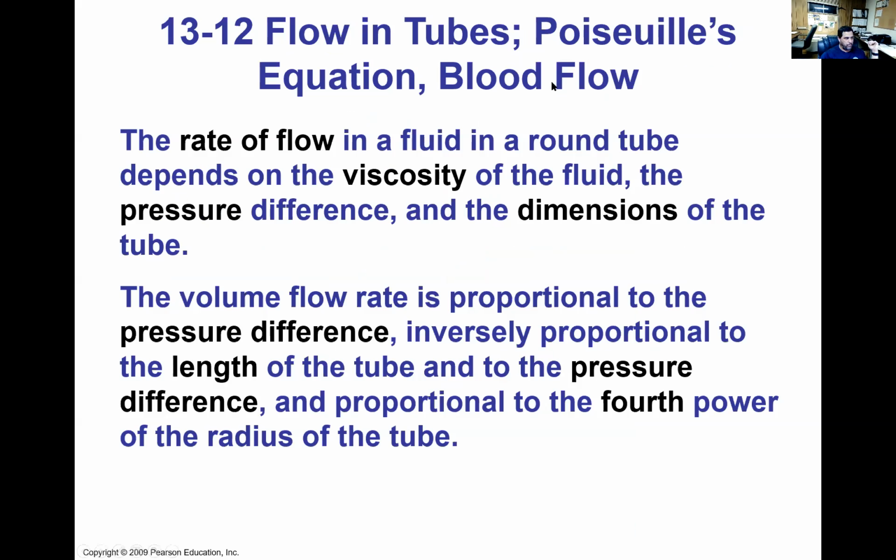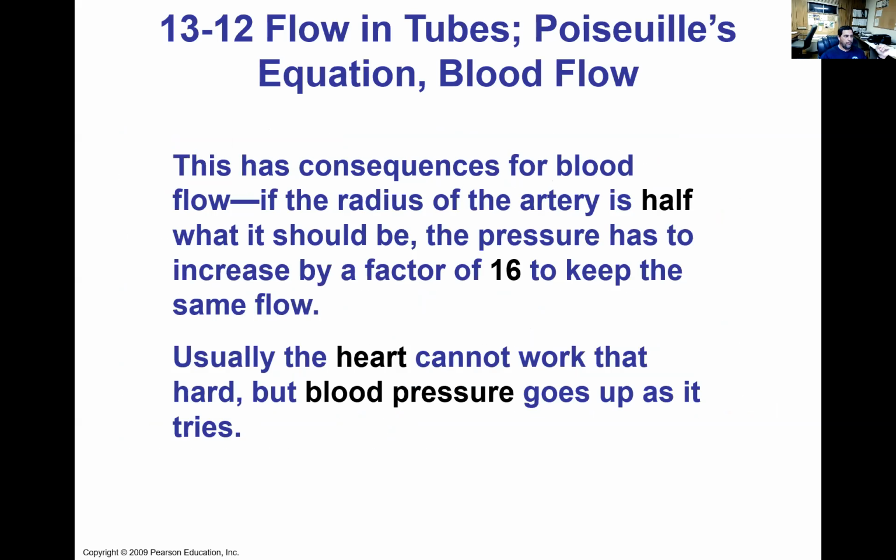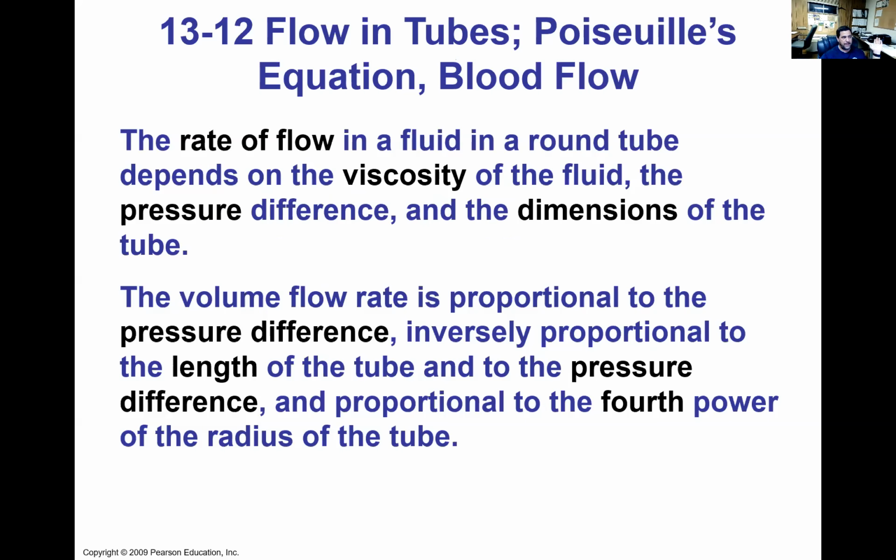That's Poiseuille's equation. You're not responsible for it. You're not going to be tested for it. But that equation is why it has consequences for artery and heart flow. You'll see that pressure builds by a factor of 4. You're increasing it by an exponential of 4.